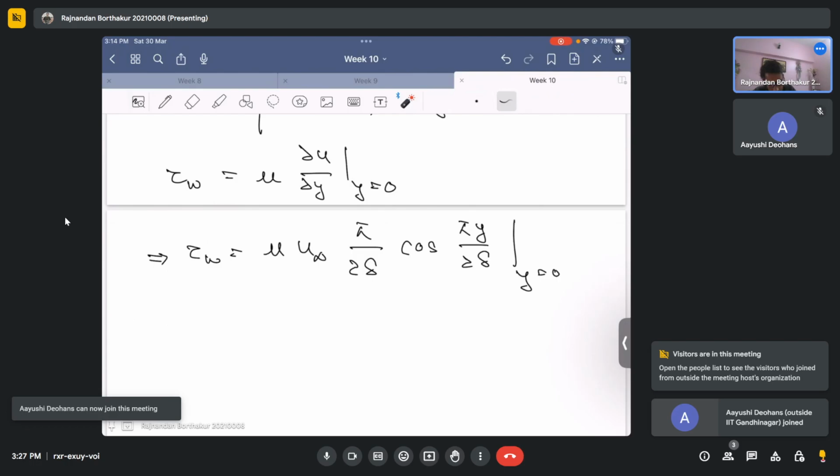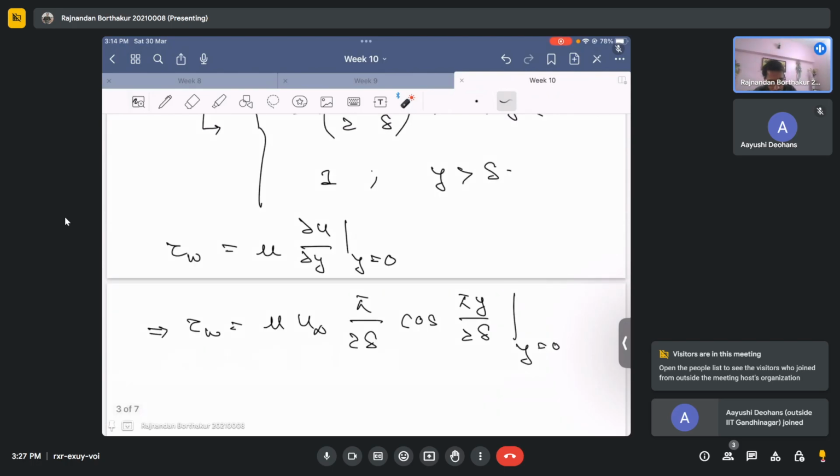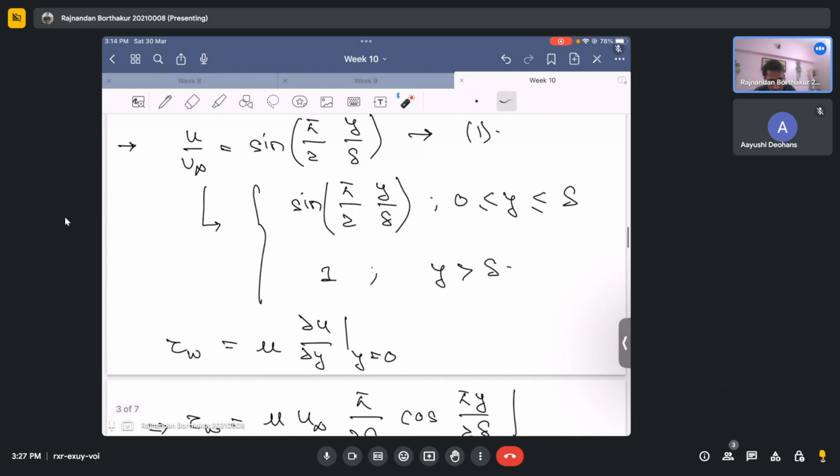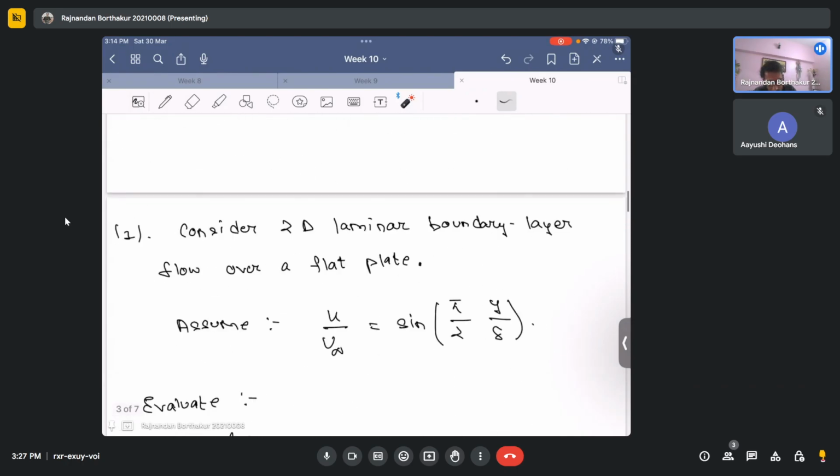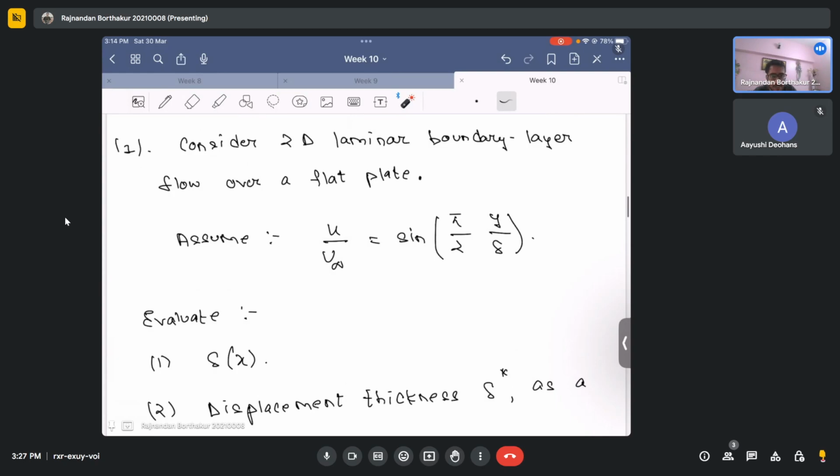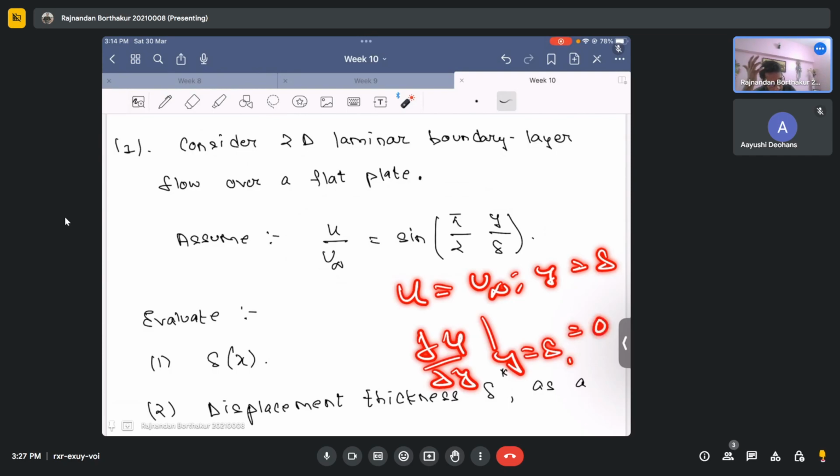Just to summarize what we are doing, we are trying to solve a problem on laminar boundary layer analysis, where we had a sinusoidal velocity profile. We just checked the three boundary conditions: the no slip condition at y equal to 0, u equal to u infinity at y equal to delta, and del u by del y equal to 0 at y equal to delta.